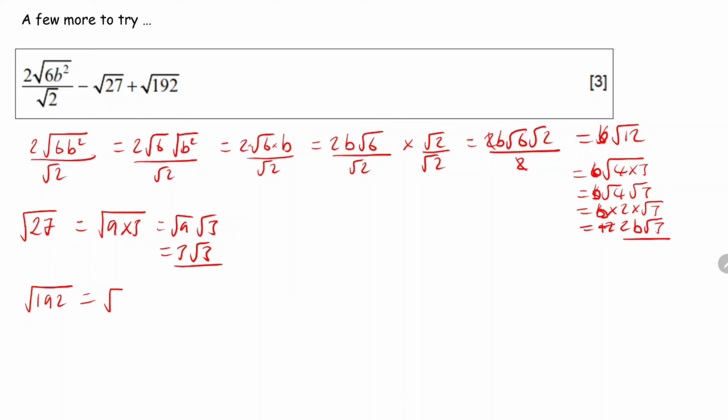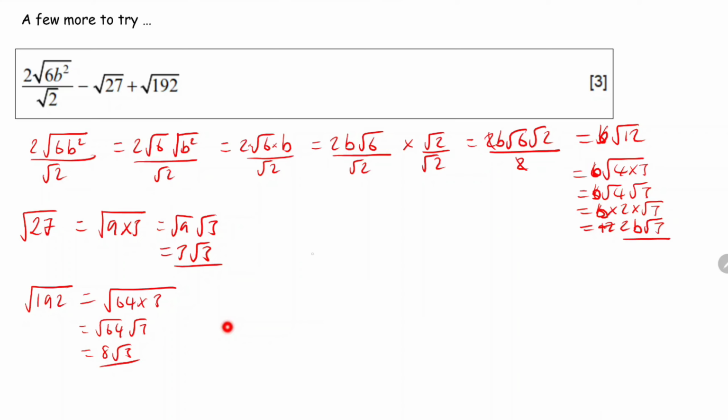We're going to shoehorn in the 3 here, because obviously we're going to simplify these. We've got root 3 and root 3 in the first two. And 192 divided by 3 gives you 64, which happens to be a square number. So this goes to root 64 root 3, which is 8 root 3.